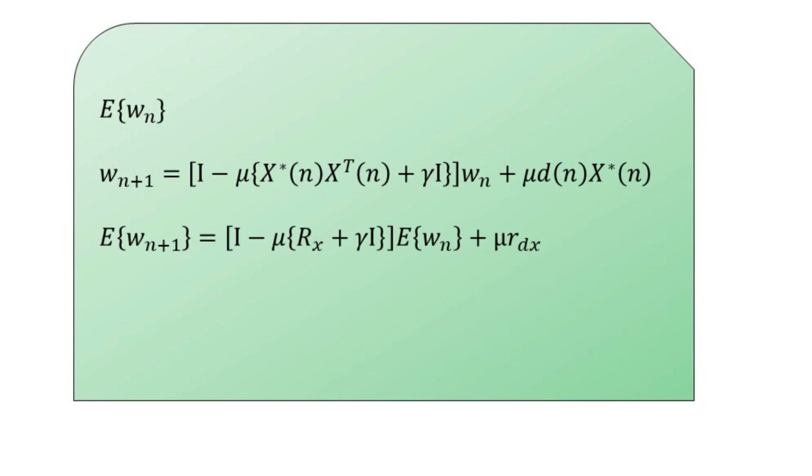In addition, the constraint on the step size mu for convergence of the algorithm in the mean becomes mu greater than 0 but less than 2 divided by lambda max plus the leakage coefficient gamma.